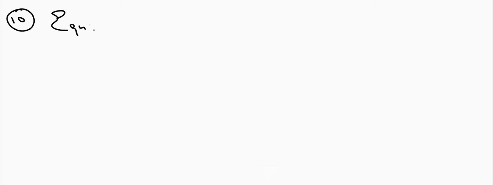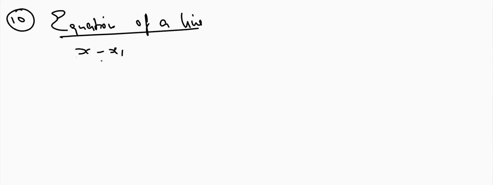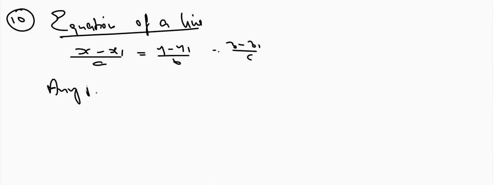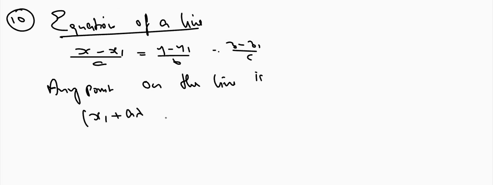Next, number 10. The equation of a line is in the form (x minus x1) by a, (y minus y1) by b, and (z minus z1) by c. Any point on the line is given by (x1 plus a lambda, y1 plus b lambda, z1 plus c lambda).